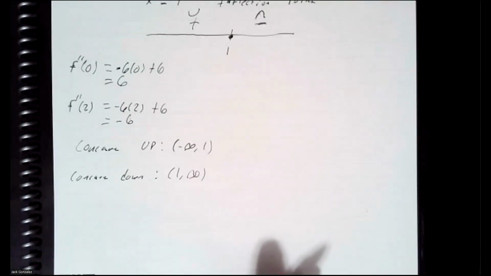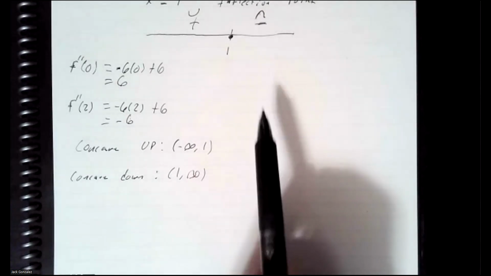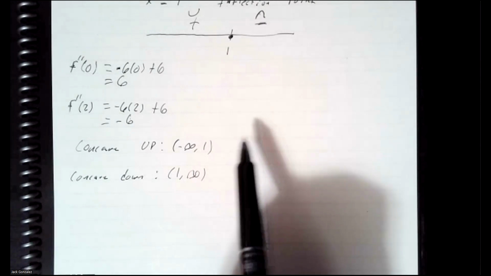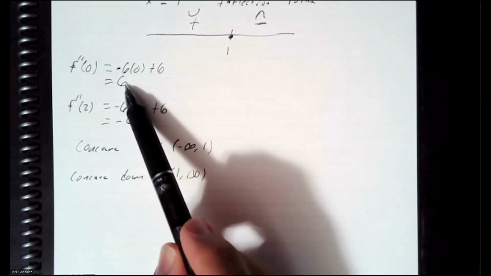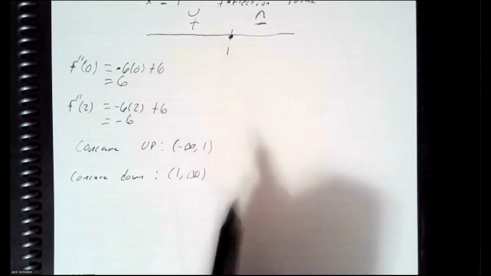Okay. Now what helps me remember, like later on we're gonna use this to find max and min. So if you're plugging in a critical value in here and it gives you a positive, then that's a minimum or a local min.